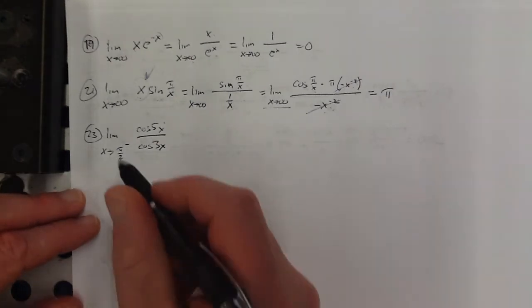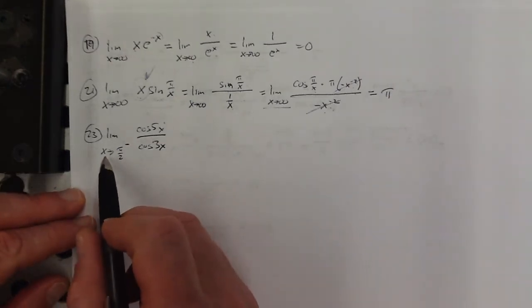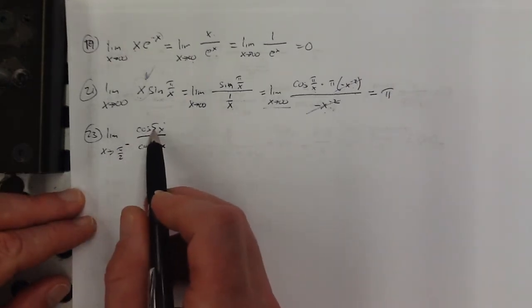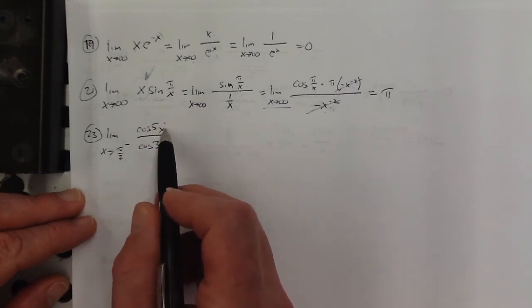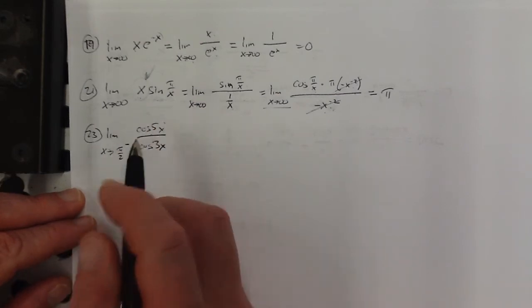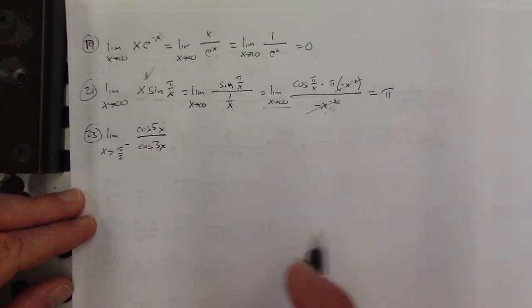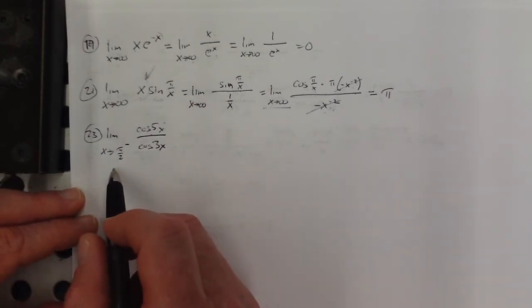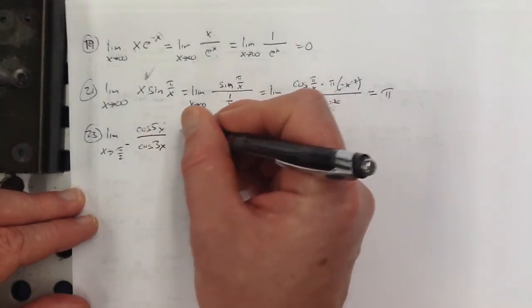Now, is the cosine of 5 pi over 2 zero? Yeah, cosine of any odd multiple of half a pi is 0. So I think we're L'Hopitalable here.